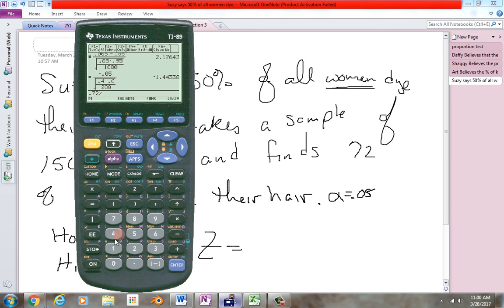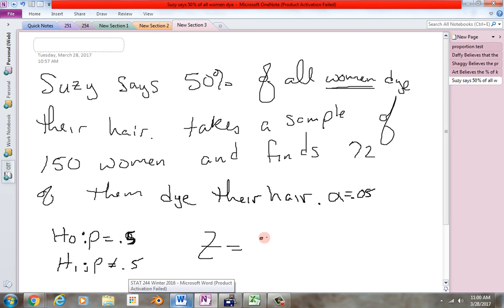72 divided by 150 is... Oh, and I put 0.72. Let's try that again. Well, what do you know about that? It's 48%. Anyway, 48% minus 50%, because that's what it is under the null hypothesis, over the square root of 0.5 times 0.5 over n.